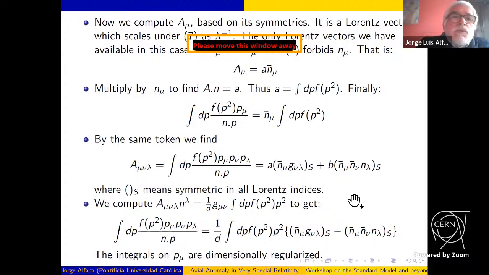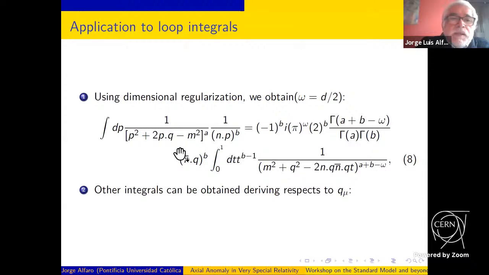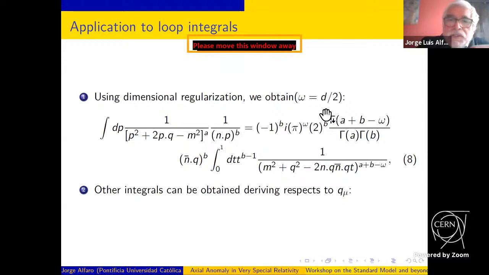This can be generalized to any kind of integral, and in particular, the one that is interesting for us when we compute the loop integrals is the one here. So using dimensional regularization and the standard definition of omega, we obtain this general integral for any a and b in the complex plane. It's a closed integral like this.